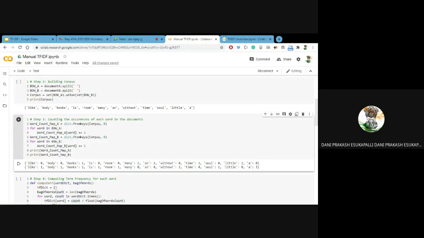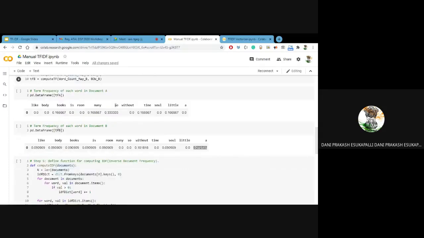If it is a stop word like "a" or "is", it can be present in any document. That doesn't mean it is the main feature. So for that we are using IDF, inverse document frequency. It will give more weightage to rare words, which have more discriminative power.